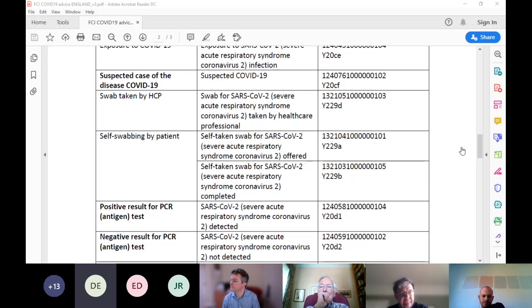As part of this project, which is an NIHR, National Institute for Health Research project, it was activated sometime in February.